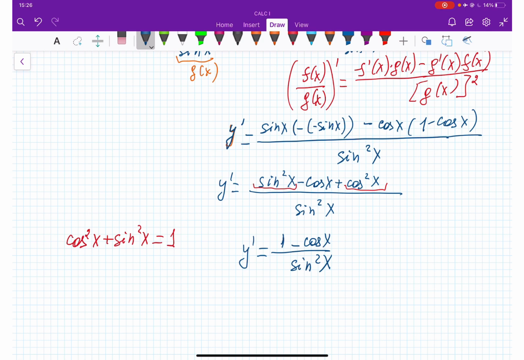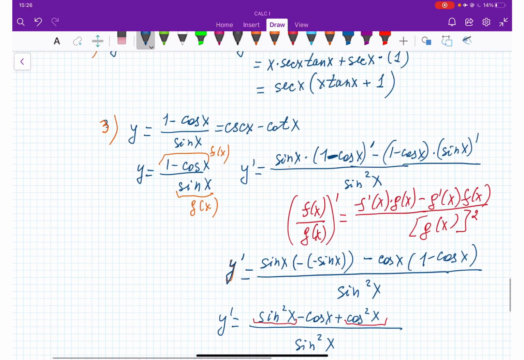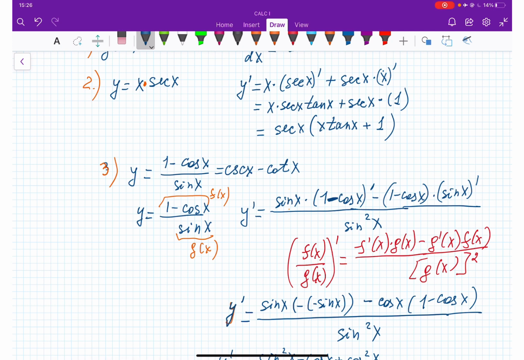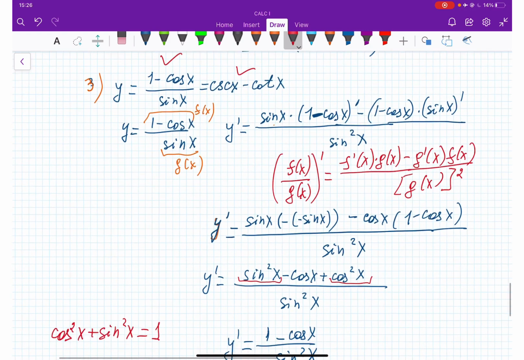Okay? So this is what we got from the derivative of 1 minus cosine x over sine x. Now let's take the derivative of cosecant x minus cotangent x.